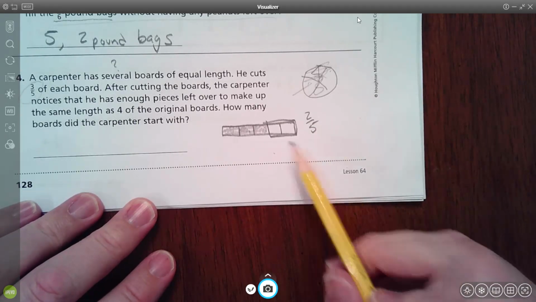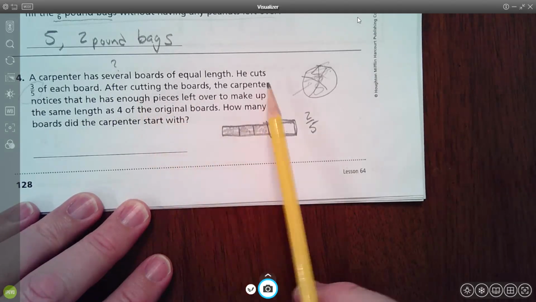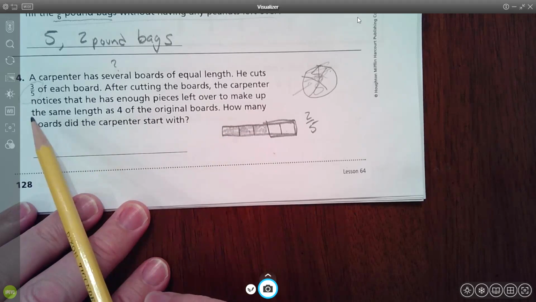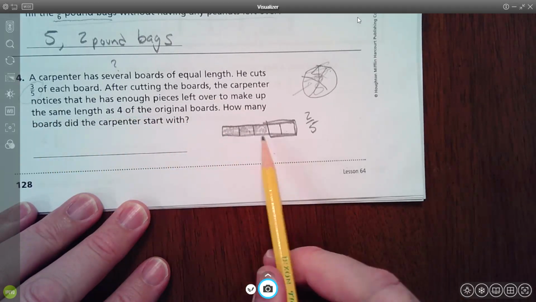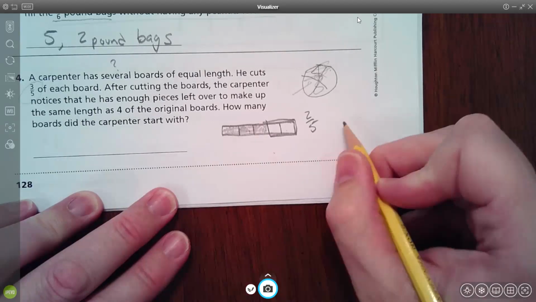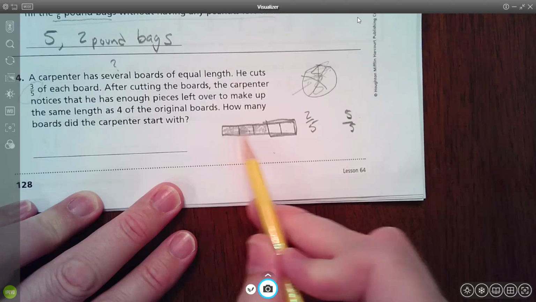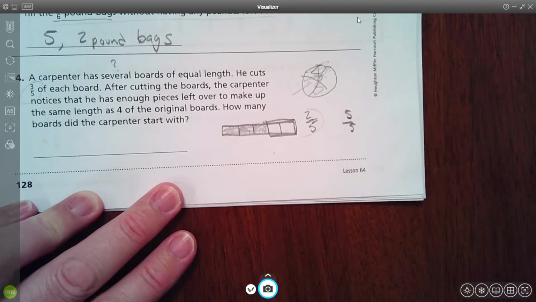So he's got chunks of 2/5. So he says, after cutting the boards, the carpenter notices that he has enough pieces left over to make up the same length as 4 of the original boards. In other words, his original board is 5/5, right? It's 5 out of 5 pieces, and he's got enough of these 2/5 pieces to make 4 of those.